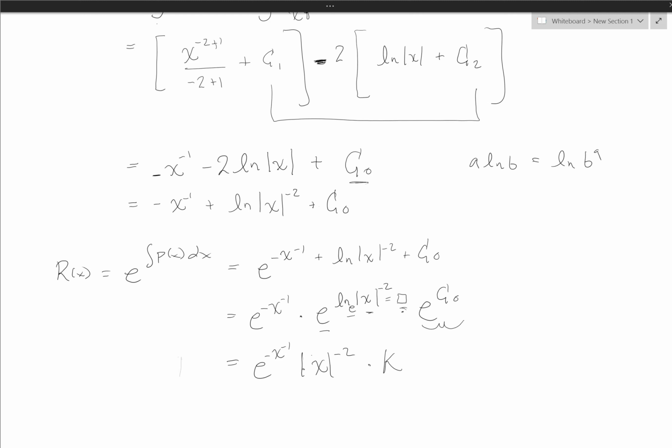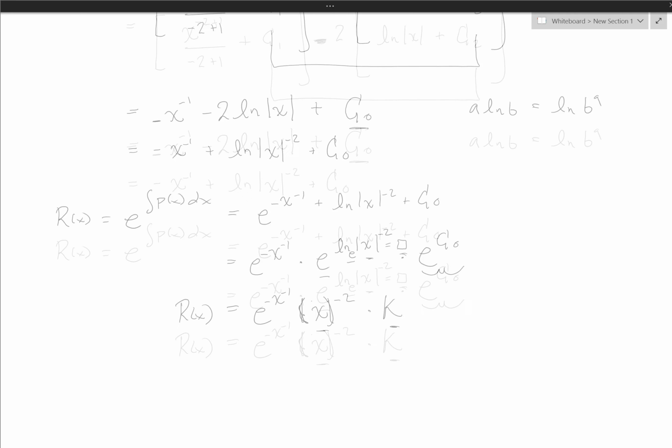Okay, and this is r of x. Remember, because k can be positive or negative, we don't need this magnitude anymore. Okay, k allows things to be positive or negative, so we'll just say x to the negative 2. Okay, so that is our r of x. And I can remove this k.